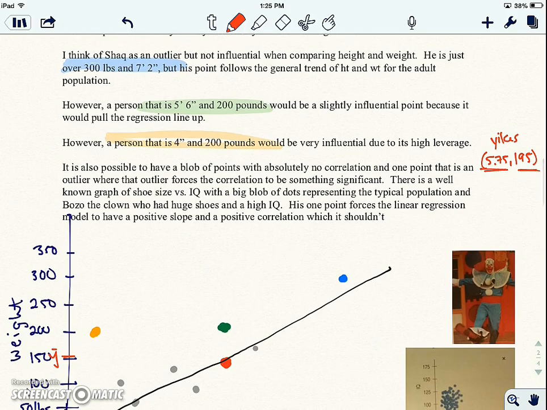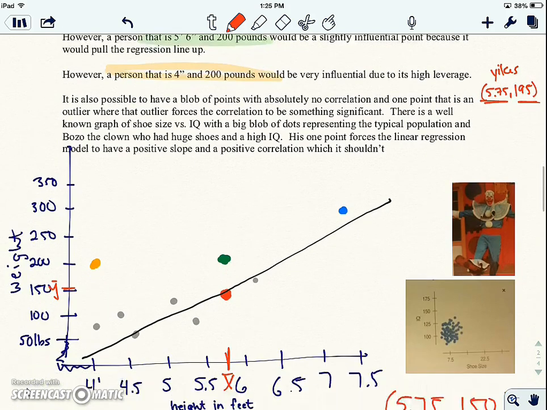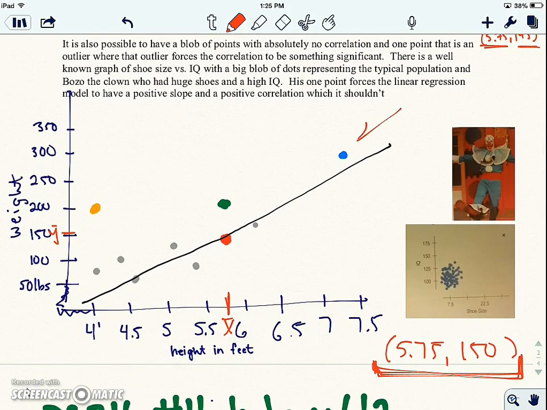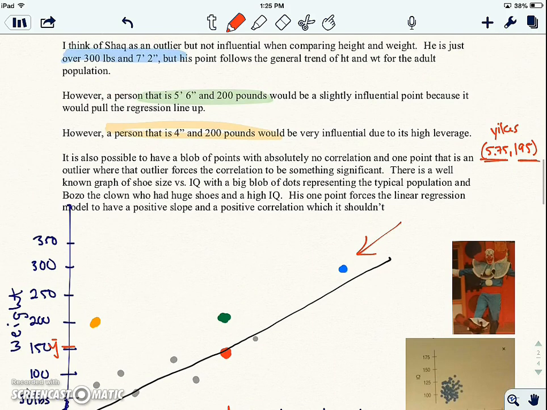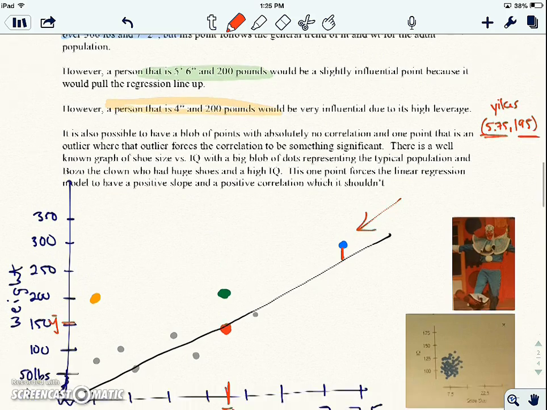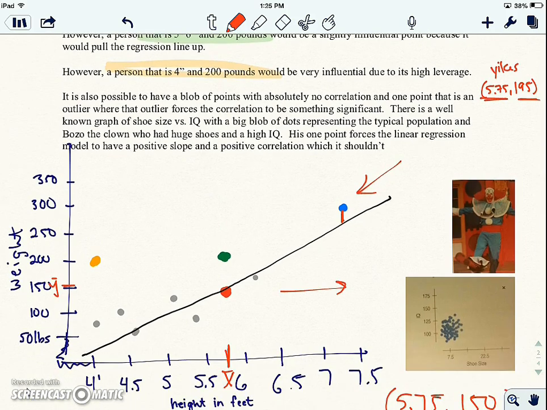So the first example point is Shaq. Shaq is an outlier, okay, because he's all the way over here. Most men are not 7 feet 2 inches tall, but his point follows the trend line. It's close to the line of best fit. He would have a really small residual, because although he's really tall, he's also heavy.